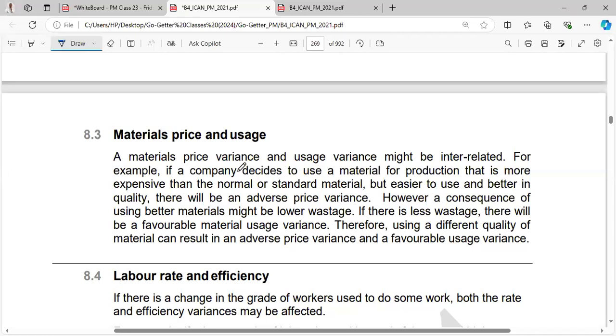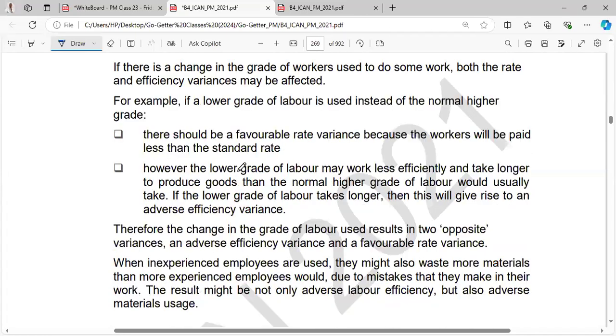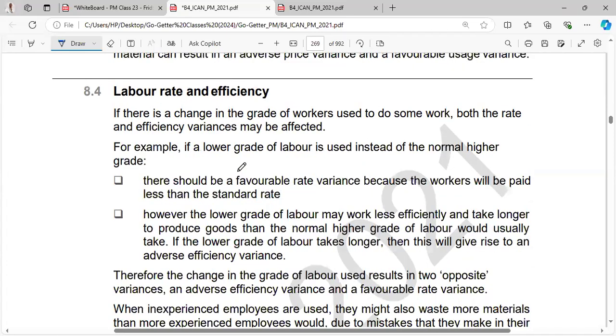Now look at labor rates and labor efficiency. If you use a high grade labor to do something, you're willing to pay well. Your labor rate variance will be high, meanwhile your efficiency variance will be high. So labor rate variance is high, adverse.